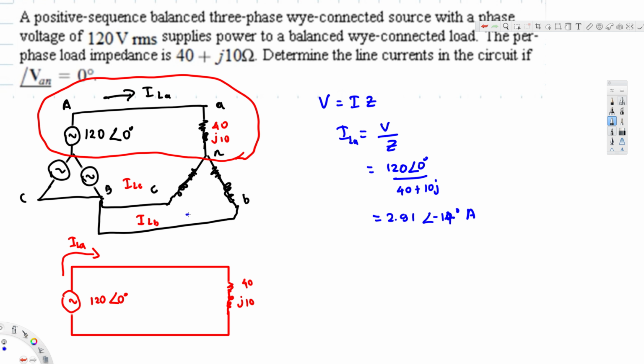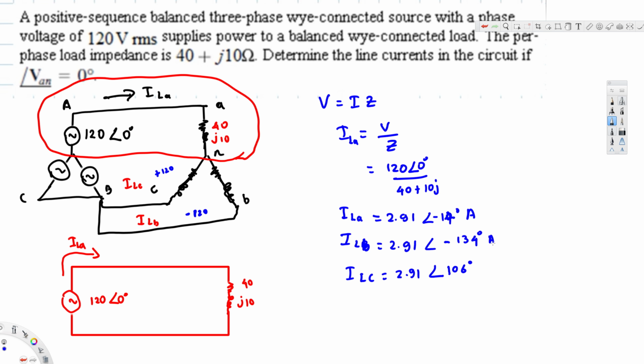For ILB we always subtract 120, and for ILC we always add 120 to the angle of ILA. Therefore ILB is going to be 2.91, and if you subtract 120 from negative 14, that gives you negative 134 degrees. For ILC, in ILA we have negative 14, and if we add 120, that gives us 106 degrees.